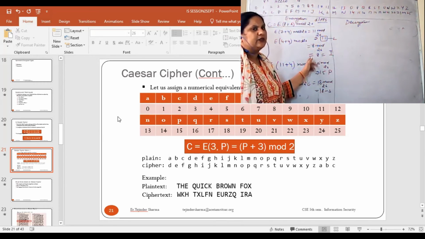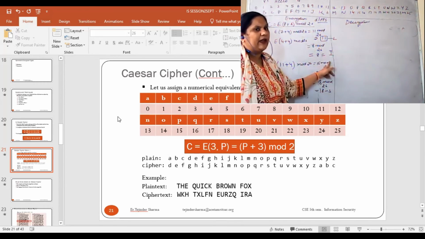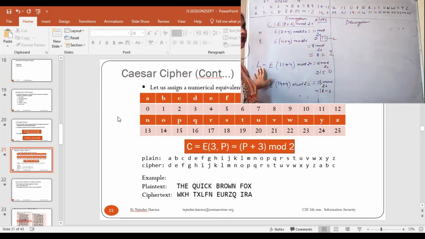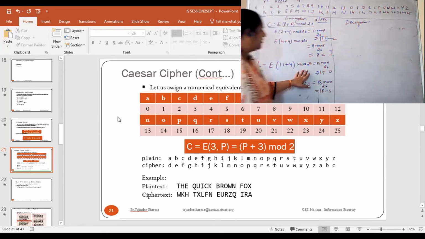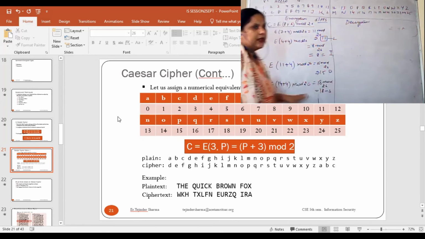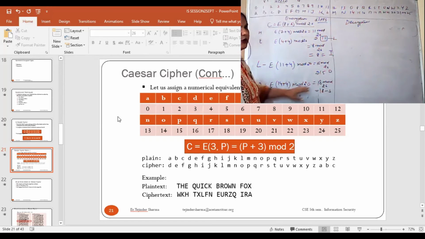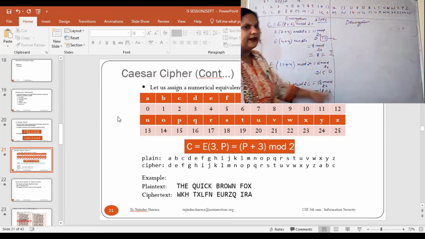At the 8th location you have I. Then for L, we find the encryption once because L occurs twice. L is at the 11th position. 11 plus 4 is 15. 15 mod 26 will return 15 only. Then you have O. O is at the 14th location. 14 plus 4 is 18. 18 mod 26 will give you 18 only, and you will get S.